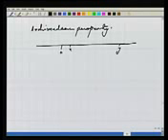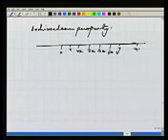Then you go on adding x to itself sufficiently many times. That means this is x, 2x, 3x, 4x, 5x, and so on. At some stage, for a large n, you will have nx sitting here. That is what the Archimedean property says.